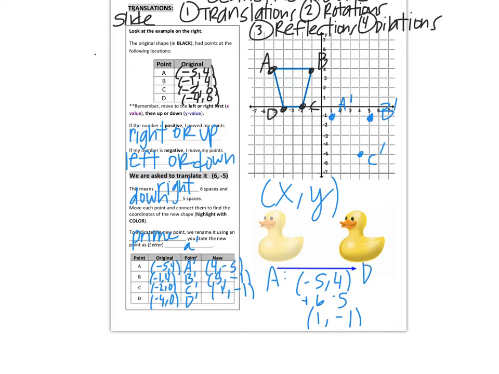So D was at negative 4, 0. So add 6 for D prime, and we'll get 2, add negative 5, negative 5.